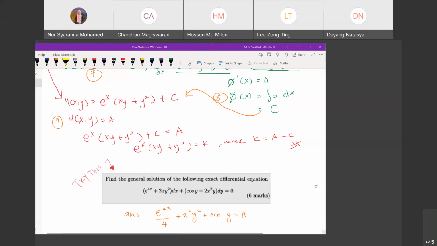Okay. All right. Any question? Which method that you use? I think for this one is method 2, right? Or method 1. It doesn't matter which method that you want to choose. It is up to you actually.